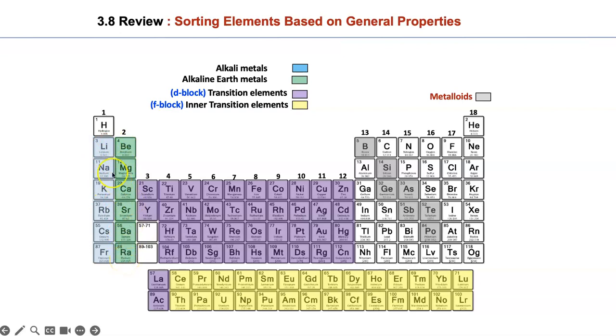They have all the properties of metals, but they are generally very reactive. Group 1A is more reactive than 2A. They are called alkali metals and alkaline earth metals, and they belong to S block.